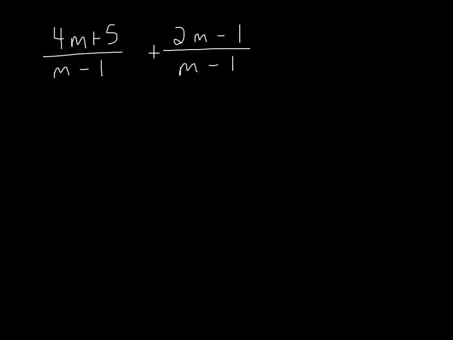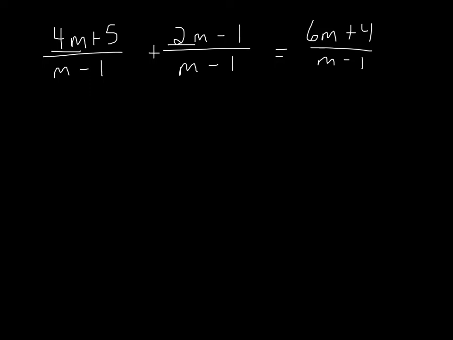Alright, the first try these, you got 4m plus 5 over m minus 1 plus 2m minus 1 over m minus 1. So we just combine them, combine like terms. Bottom stays the same, m minus 1. 4m and 2m gives us 6m, and then 5 and negative 1 gives us 4.